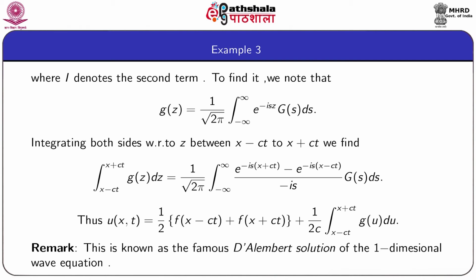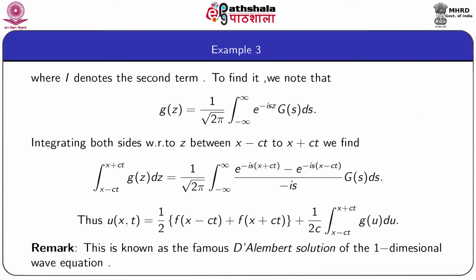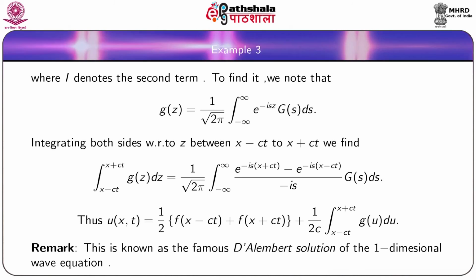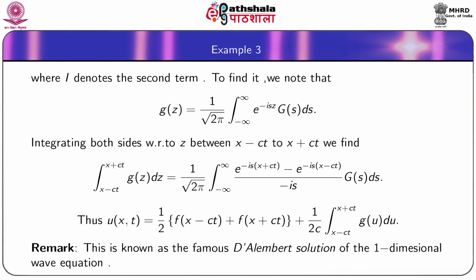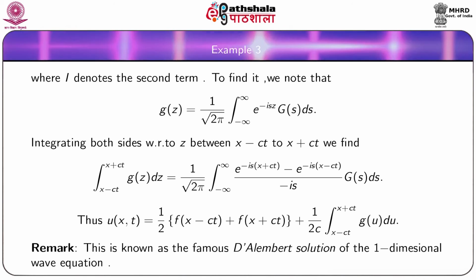To find it, we note that small g(z) is the Fourier inverse of capital G(s), and we can write it as small g(z) equal to 1 by root 2 pi integral minus infinity to plus infinity e to the power minus isz capital G(s) ds. This is the Fourier inverse of capital G(s).